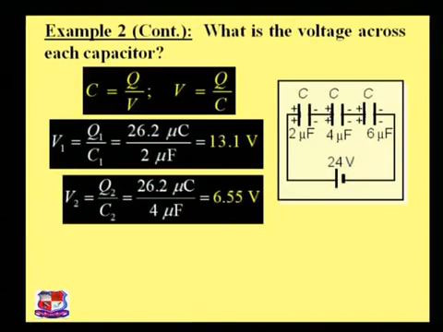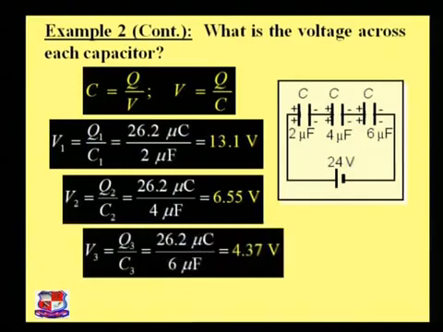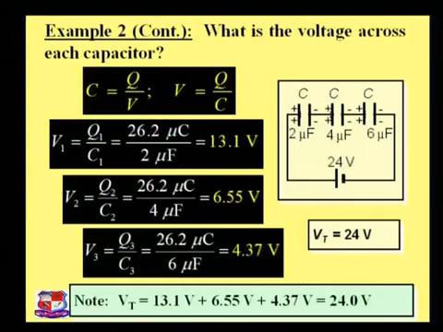For capacitor 2, Q2 by C2 gives 6.55 volts, and V3 equals Q3 by C3, that is 4.37 volts. Now friends, if you sum V1, V2 and V3, you get the value we already applied, that is 24 volts. See, 13.1, 6.55 and 4.37 add up to 24 volts.